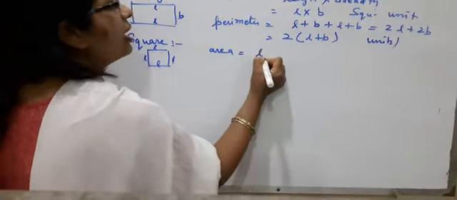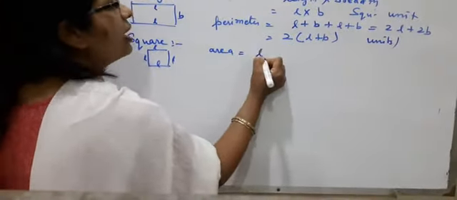And perimeter is this boundary plus diameter. That means half of 2 pi r plus diameter, 2 times radius. This cancels, so pi r plus 2r is perimeter.